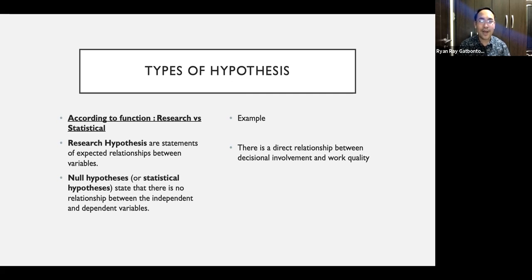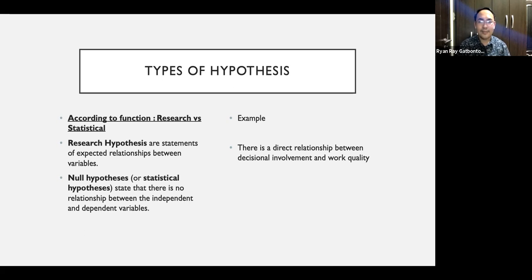It's the reflection of how you apply your theoretical framework, and how you see your variables based on what you have read and analyzed in your literature review. So it's highly recommended that we use research hypotheses when we develop our research proposals and write our research papers.